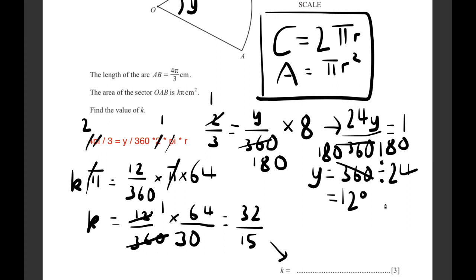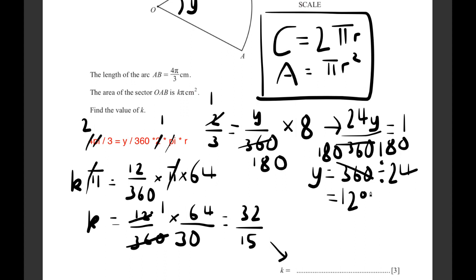I'm assuming 15. So maybe this needs to be 15 degrees. 180 divided by 24. Six. No. Okay, so that needs 180. 180 divided by 24. So let's quickly work that out.